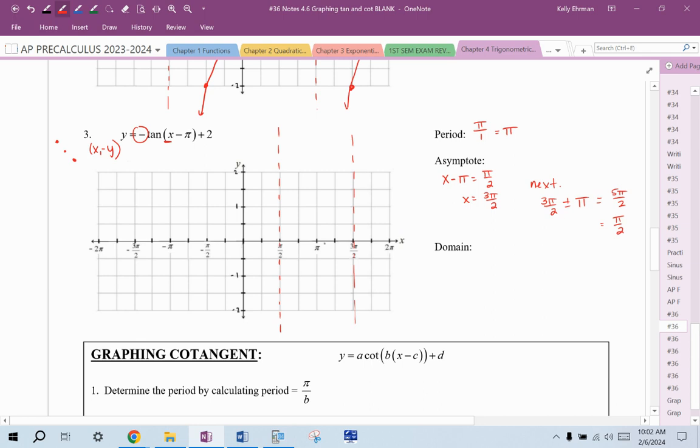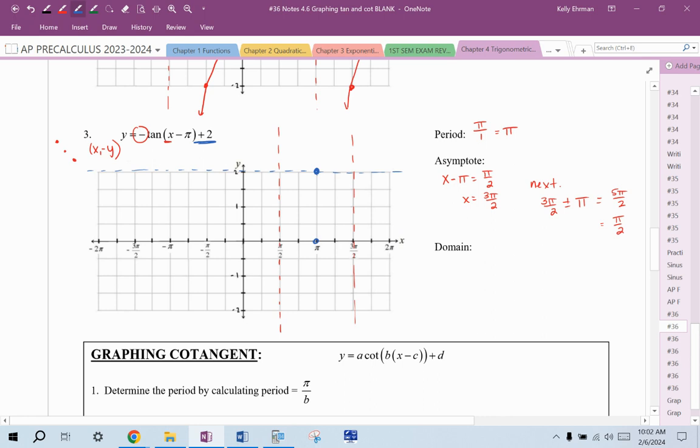And then you can plot your points. So in the center, we're at 0. Oh, no, sorry. At the center, we're not at 0. We're at plus 2. So if you want to draw in a midline, I kind of ran out of room here, but if you want to draw in a midline, you could say, okay, the center of the graph, instead of being at 0, is here. Or we can draw in little ghost points if we want to.